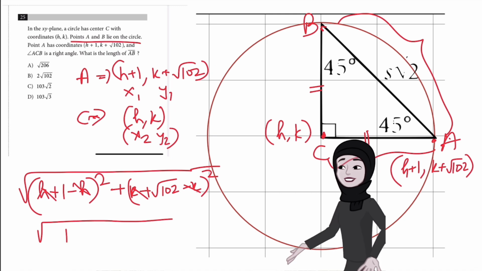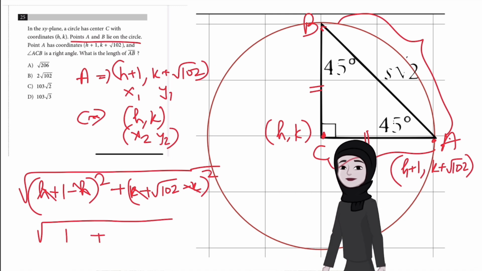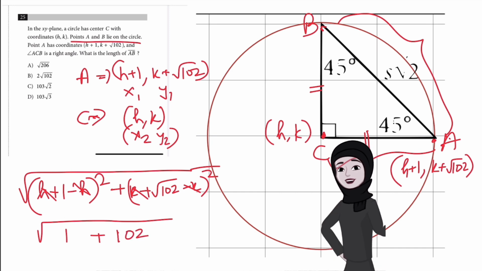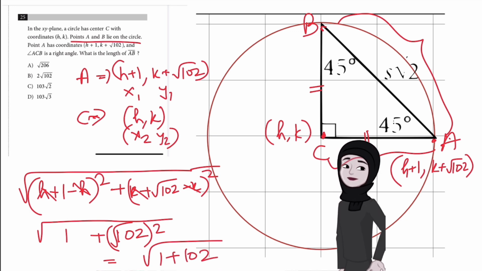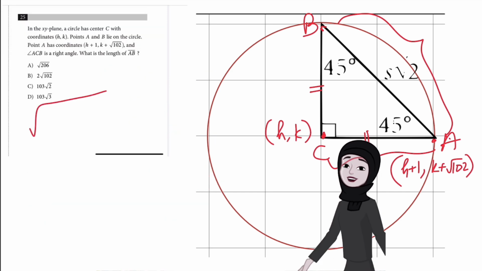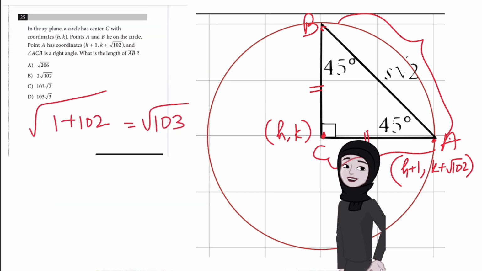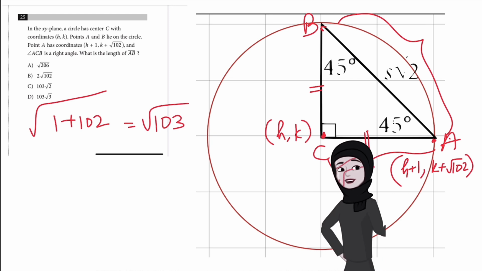So we are left with square root of 1 squared, which is just 1, plus square root of 102 the whole squared, which will be equal to 102 itself. So this will be equal to square root of 1 plus 102, and adding 1 plus 102 we get square root of 103. So that means the length of AC, what we calculated using the distance formula, is square root of 103.